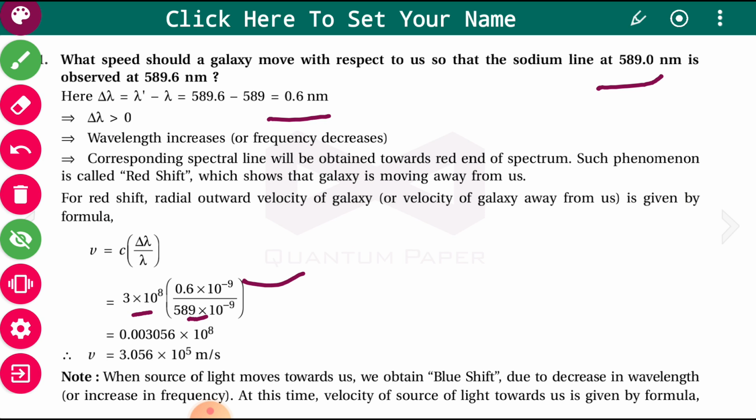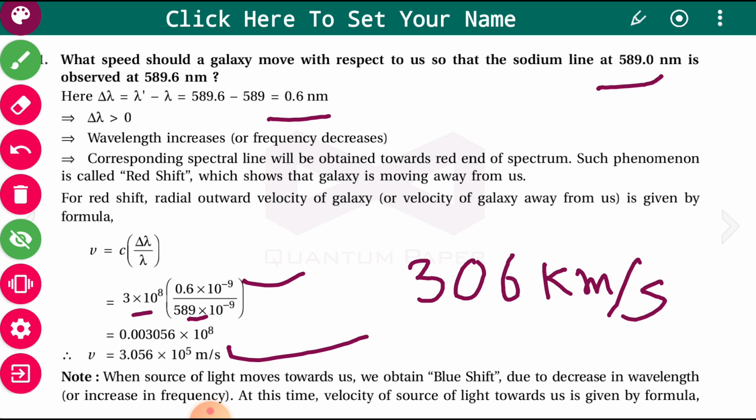If you simplify this, then you will get 3.056 into 10 raised to 5 meter per second, or approximately 306 kilometer per second.